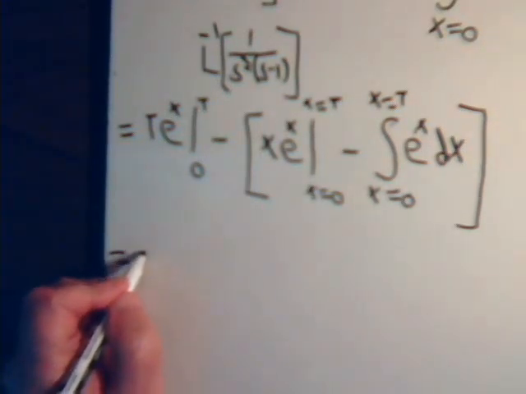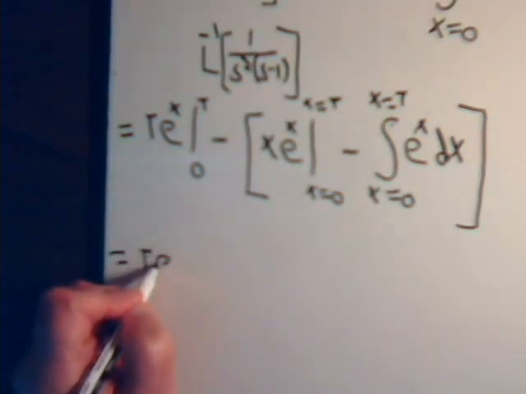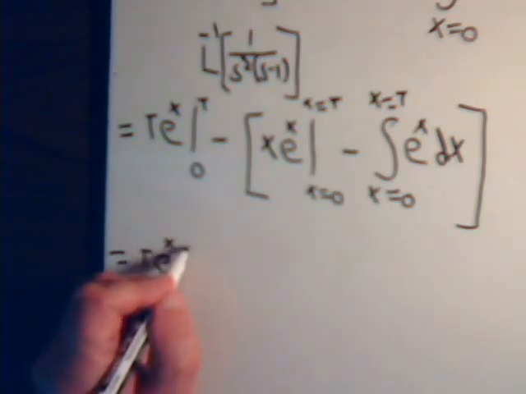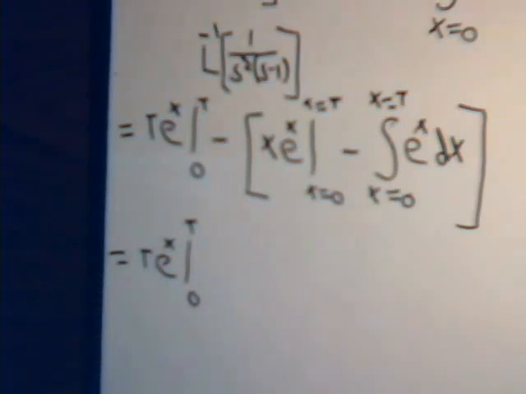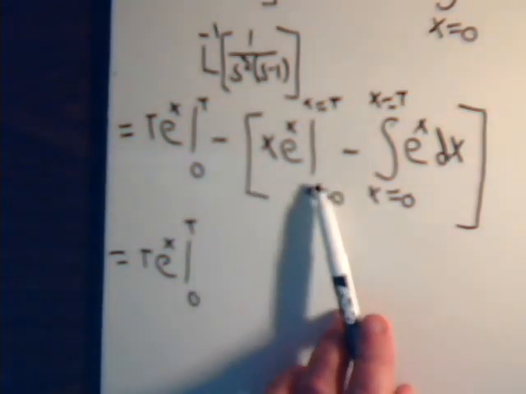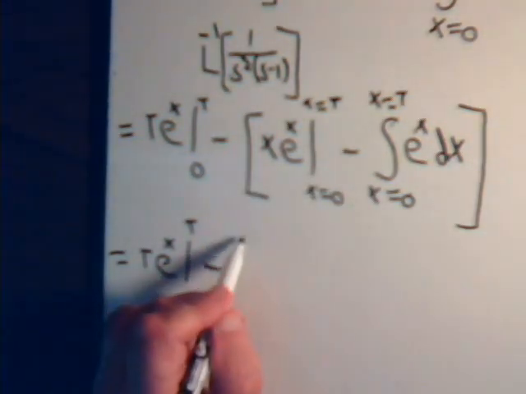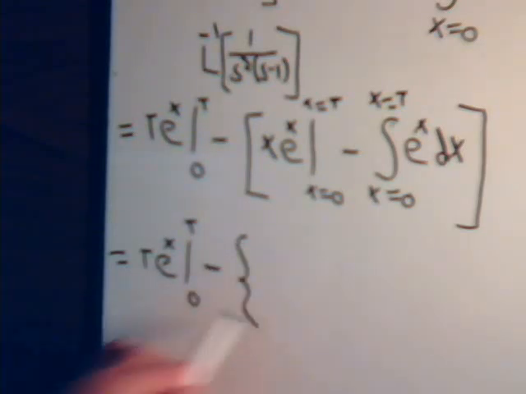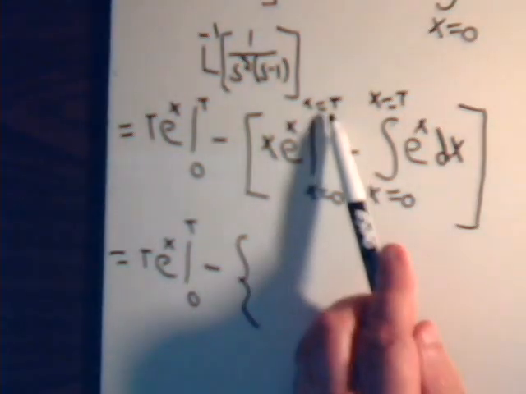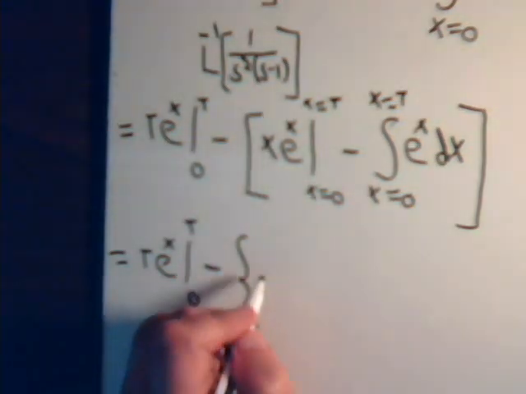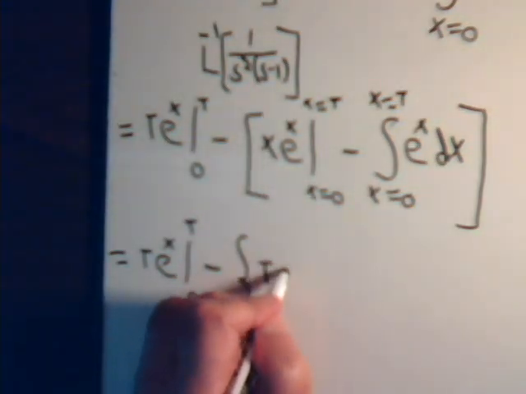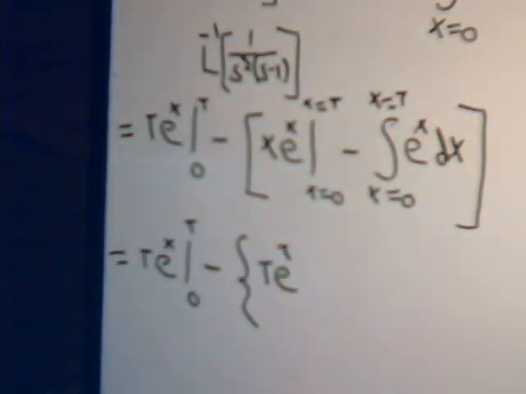This equals t e to the x going from 0 to t, and then putting it in here we have minus, here we have x equals t, so we'll have t e to the t minus, when x equals 0, that will be 0.